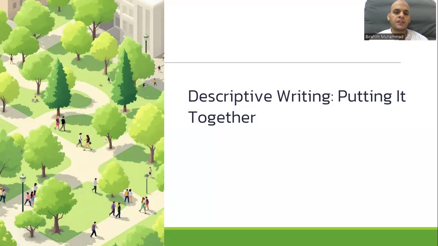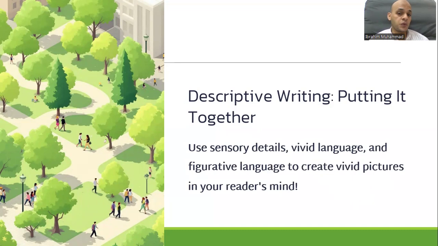Descriptive writing, putting it together. When I use these elements of descriptive language, it gives clear writing: use sensory details, vivid language, and figurative language. Create a vivid picture in your reader's mind.